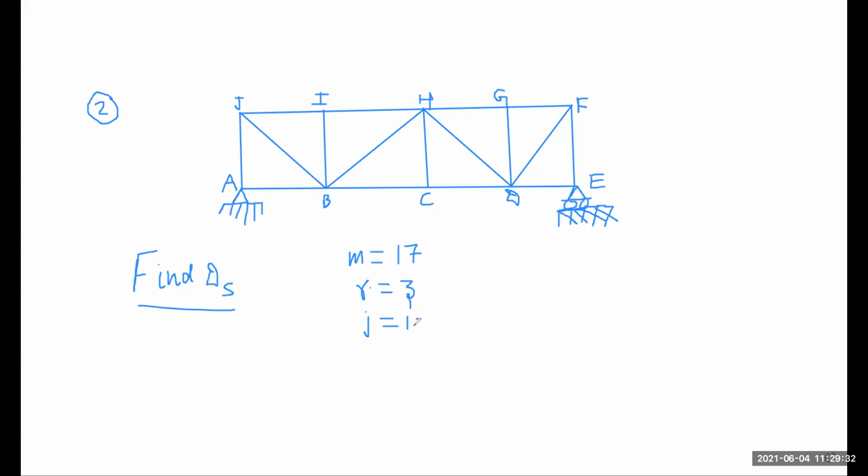The formula for ds is equal to m plus r minus 2j. You use the basic formula.